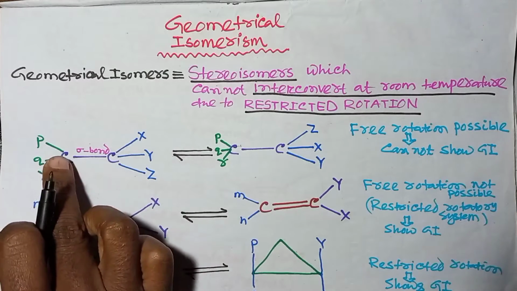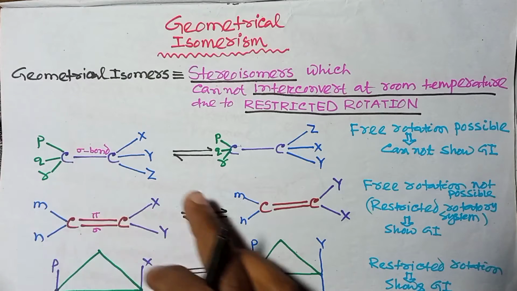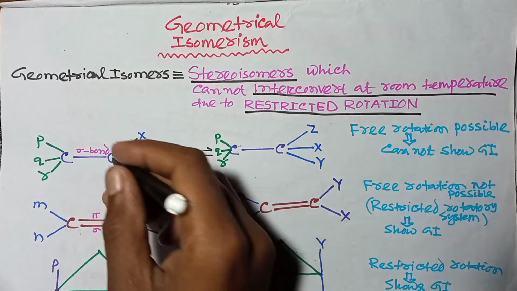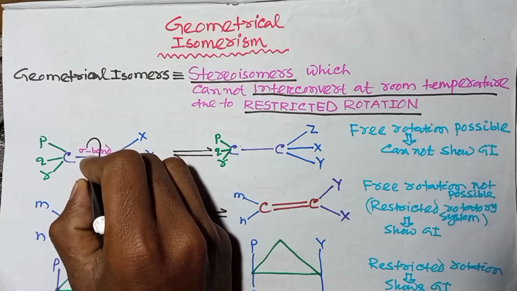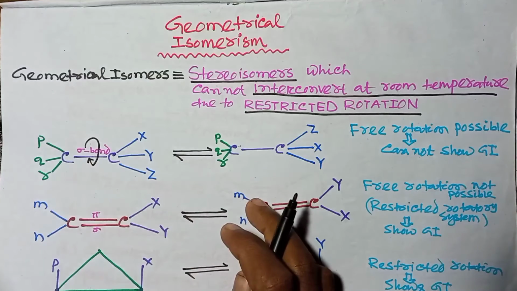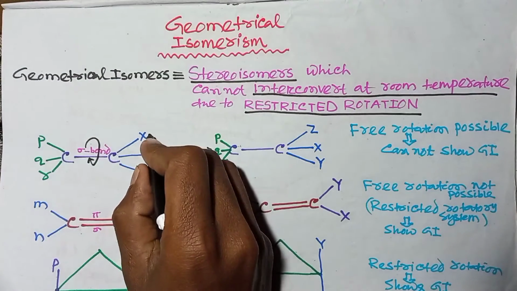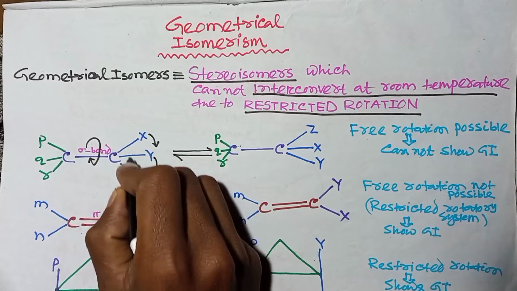So let's say here is a compound. This is the sigma bond, and free rotation is possible around this sigma bond. That means this group can come here, this group can go here.